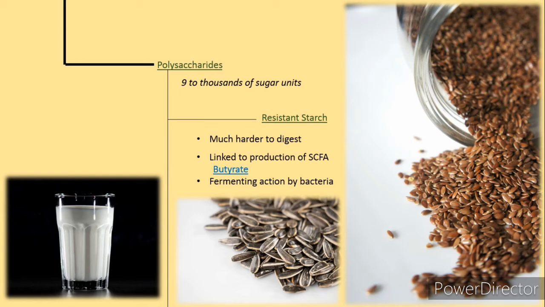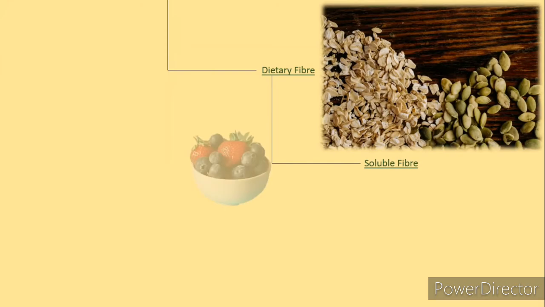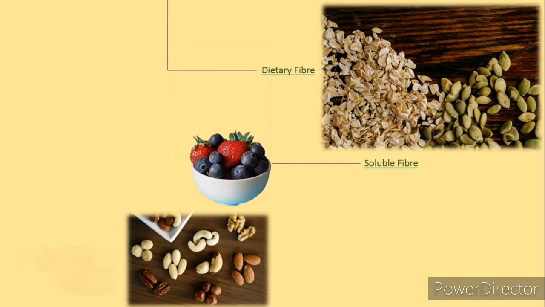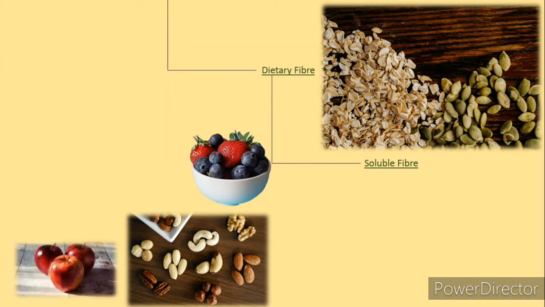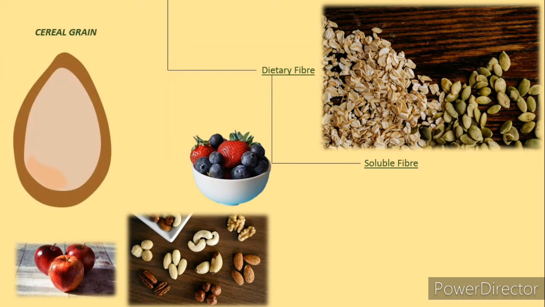Now we move towards the dietary fiber, and within this content we have the soluble fiber, and we see these sources here. It is important to note that for cereal grains, it is considered more nutrient dense to consume whole grain and not the refined one, as the refining process removes both the bran and the germ layers, that is, the outer layers of the grain.